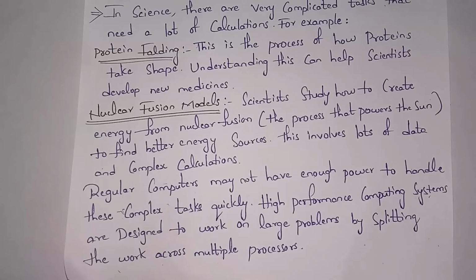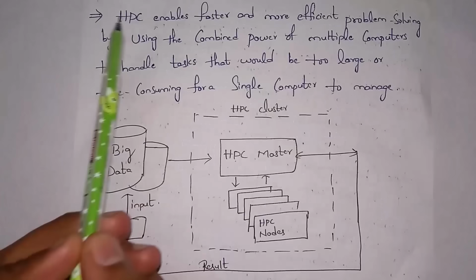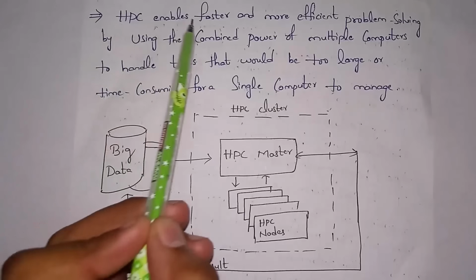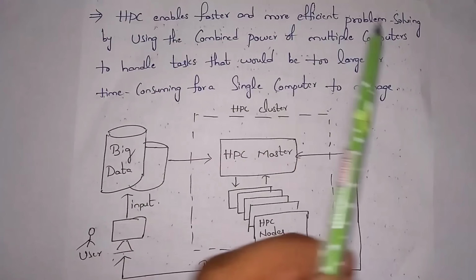So normally by using our regular computers, we cannot complete complex tasks. So for this large scale problems, we need high performance computing. And high performance computing is nothing but in our system we will use multiple processors in order to perform these complex operations. High performance computing enables faster and more efficient problem solving by using combined power of multiple computers.